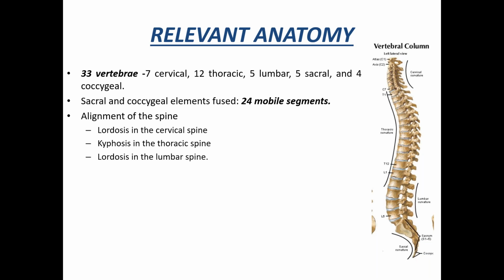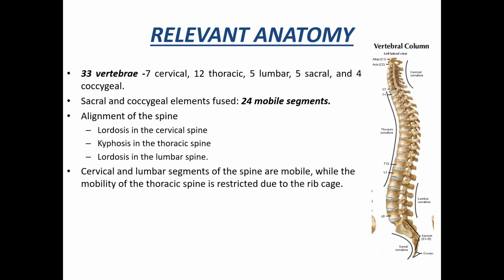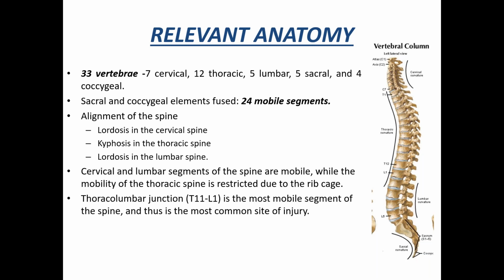Cervical spine has natural lordosis, then dorsal spine has kyphosis, and lower lumbar spine has lordosis again. Cervical and lumbar segments of the spine are mobile, while the mobility of the thoracic spine is restricted due to the rib cage. That is the reason the most mobile segment, the thoracolumbar junction, is more prone to injuries.